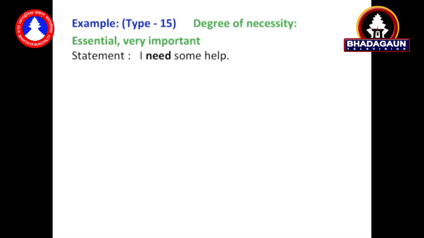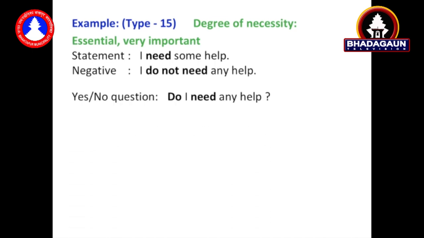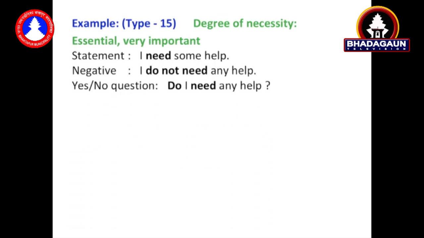I need some help. It is essential for me. Here need is the main verb, this is V1, and we use the do verb to make this negative. So, I do not need any help. And its question is, do I need any help? Here need is used in the meaning of essential or very important.